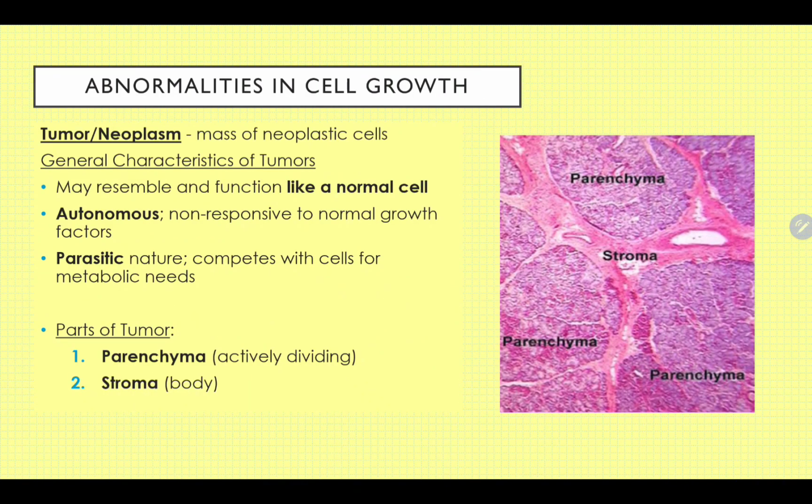For the tumor slash neoplasm, tumor or neoplasm are interchangeable na sila, same lang meaning nila. They are mass of neoplastic cells. So, how would a doctor or a pathologist po identify a tumor? The general characteristic of a tumor, it may resemble and function like a normal cell.